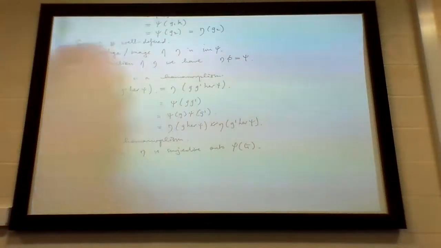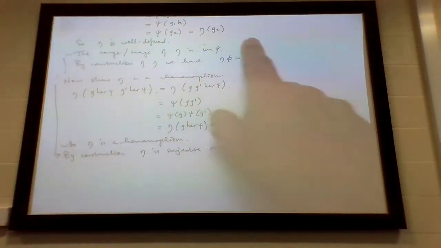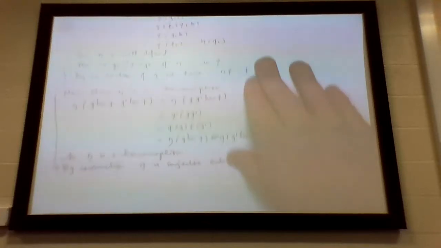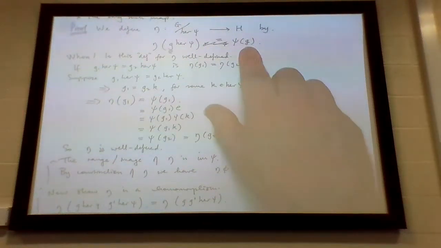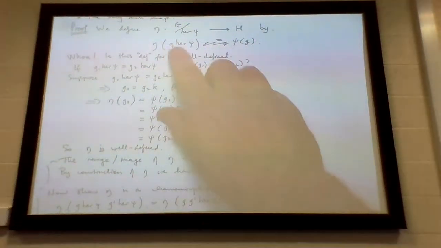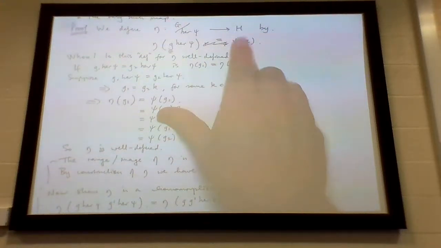Because if you want any element of the image of psi, so you want any psi of G, well, you just apply eta to the coset represented by that.